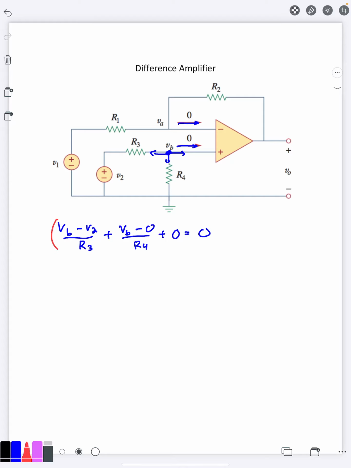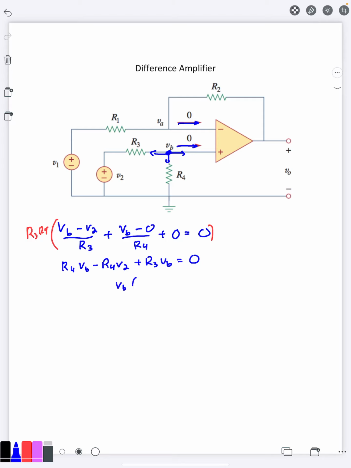It's going to be a little annoying to solve this, but we can do it. Multiply by R3, R4. That would get us an R4 VB minus R4 V2 plus R3 VB equals 0.